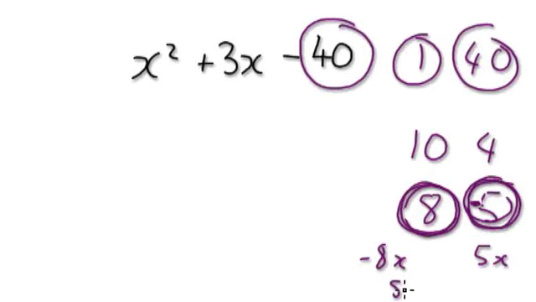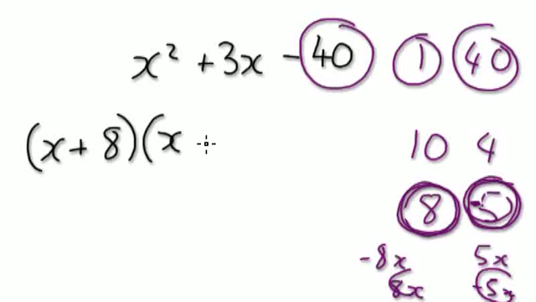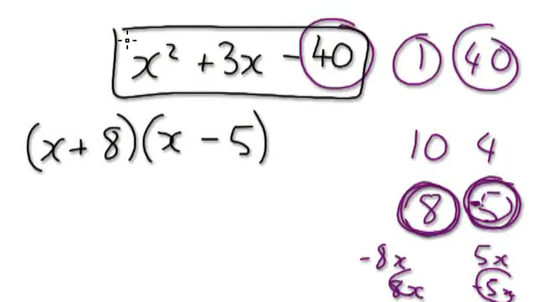So later on, you're going to get positive 8x and then negative 5x. Then merging the two together will give you 3x. So the answer to this would be bracket x plus 8, and then here x minus 5. Again, if you don't believe me, multiply it out and it should give you this.